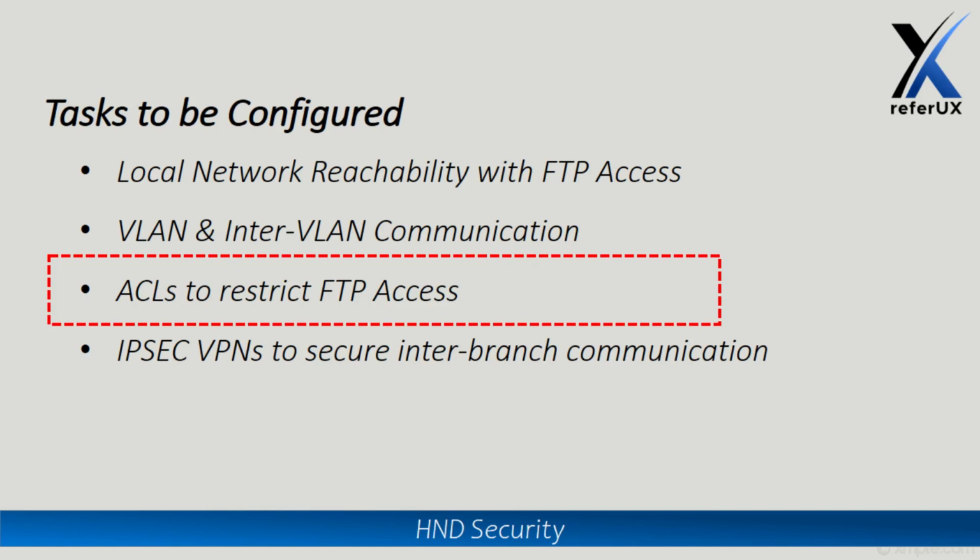Actually, by this time, we have completely implemented one department's security with access control lists, VLANs, inter-VLAN communication, and mainly FTP access and LAN communication. You can replicate the same scenario in the other 2 branches as well. Hence, in the next video, the final video of the 4 video series of implementing a secure office network for a small office environment, I'll be explaining how to implement secure communication among the branches using IPsec.